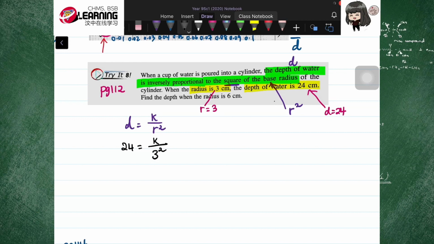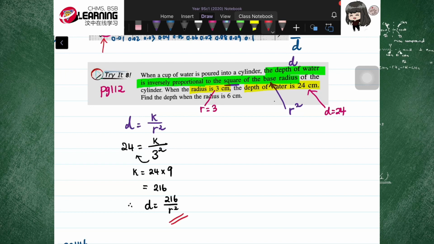Don't forget your square. So your K is equal to 24 times 3 square, which is 9, so it equals 216.